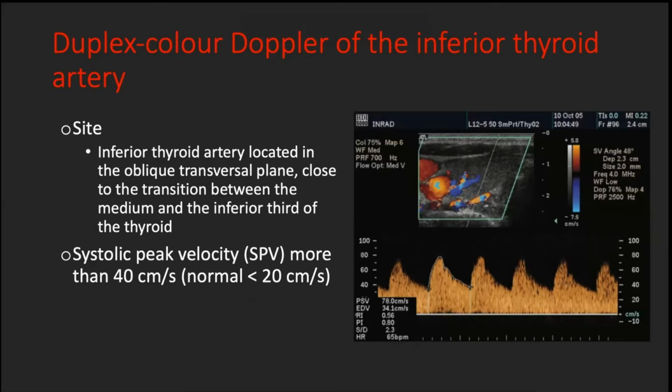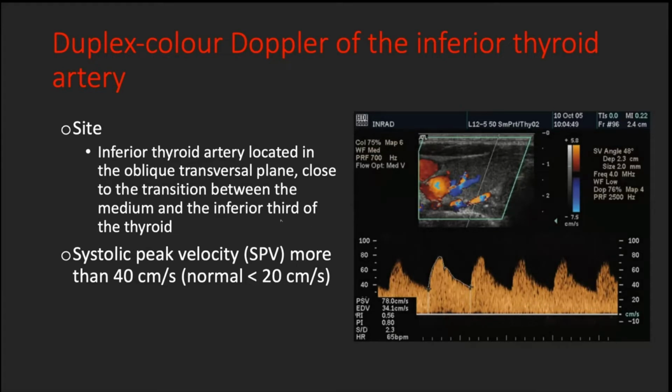In assessment of the thyroid gland, we need to localize where the inferior thyroid artery is. The inferior thyroid artery is a branch of the subclavian artery, where the thyrocervical trunk comes out. The inferior thyroid artery comes out from that trunk and supplies the thyroid gland. You do an axial and then you turn slightly, so it has an oblique transverse plane.